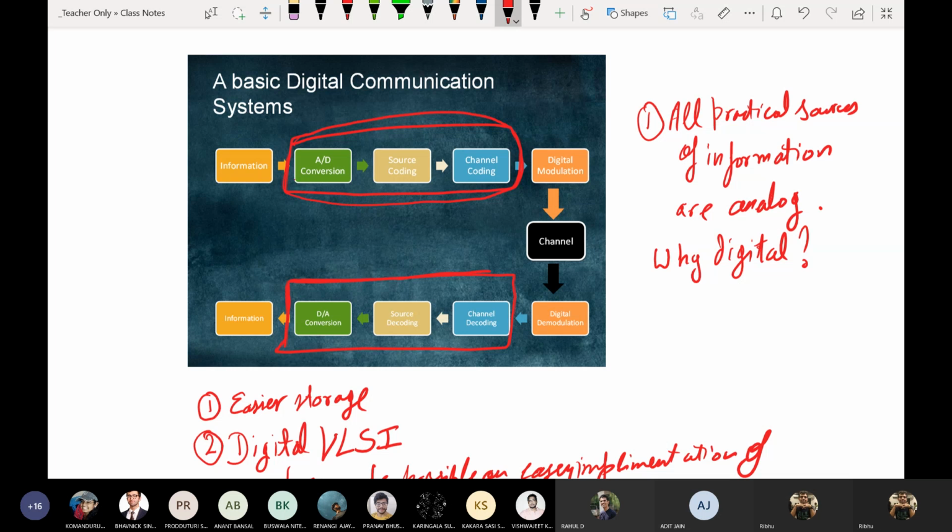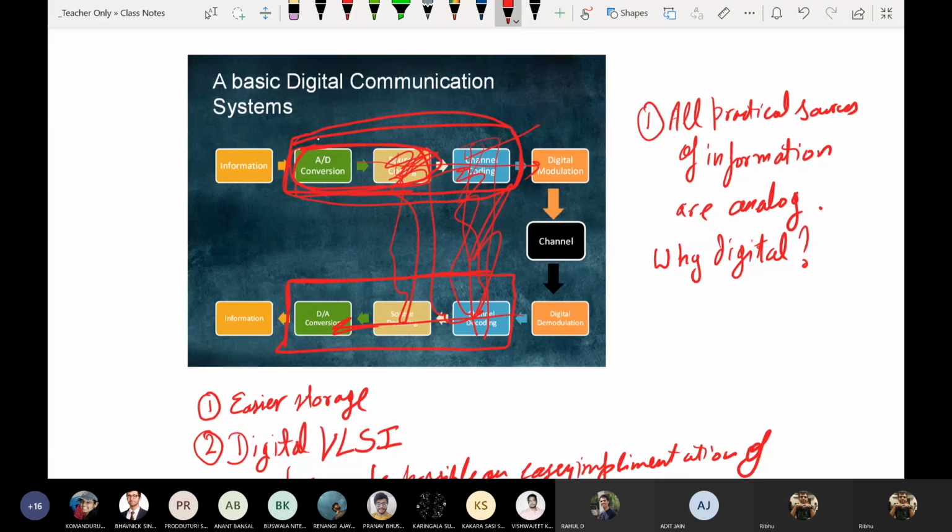So we'll try to cover A to D conversion and source coding in this course, and channel coding will be left to the next course, because you can actually get away with A to D. Out of these 3 blocks, if you don't have anything, then you get an analog system.